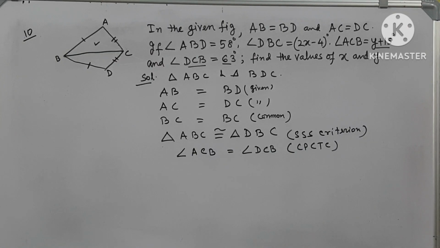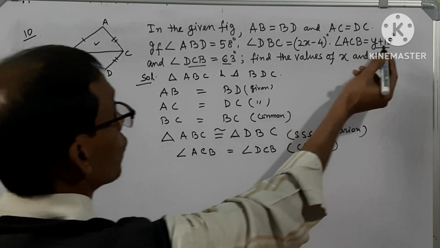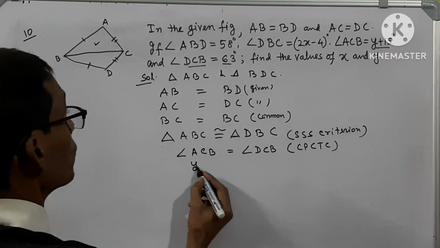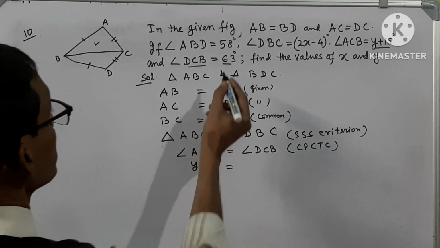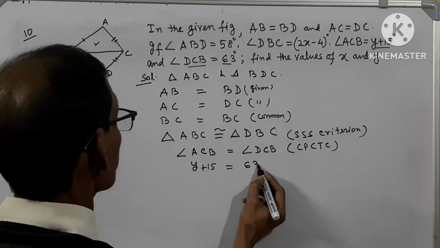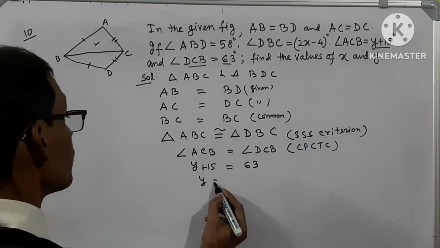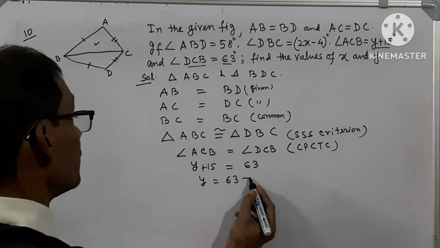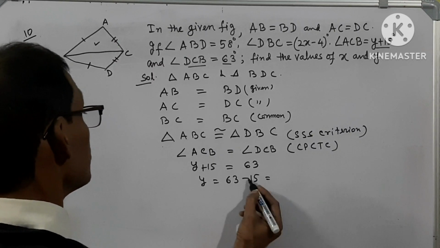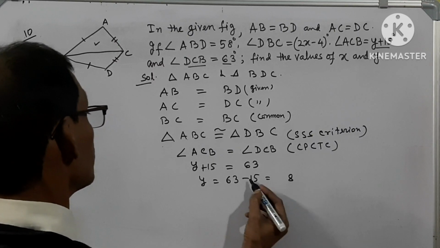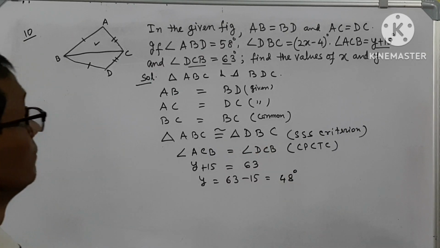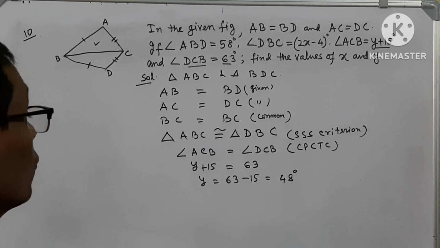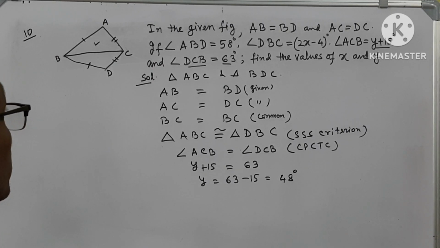Right? Angle ACB is given as y plus 15 degrees, equal to angle DCB, which is 63. So y equals 63 minus 15, 48 degrees. You found out y equals 48 degrees.